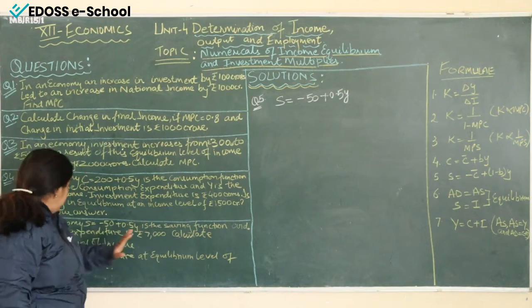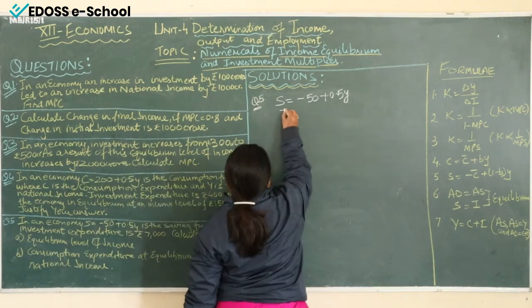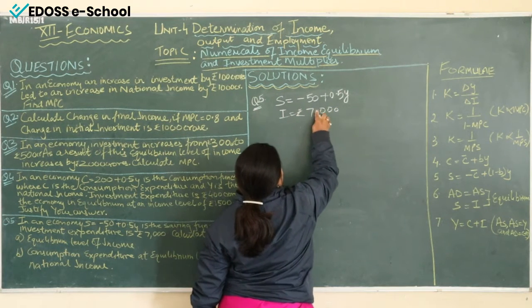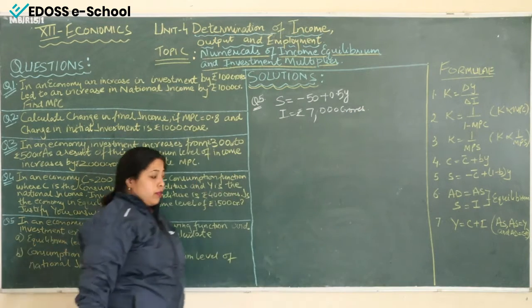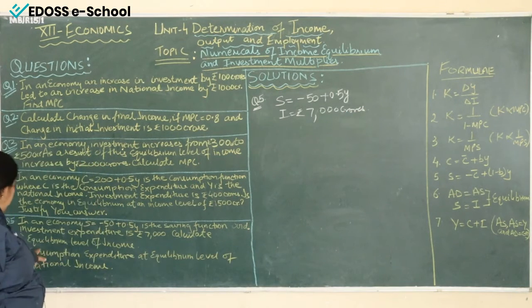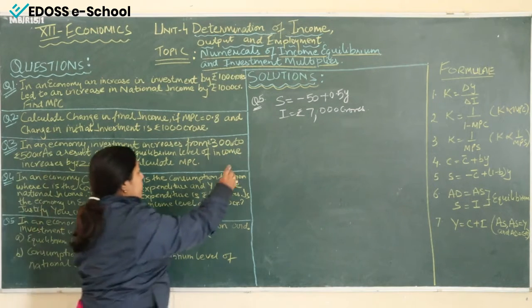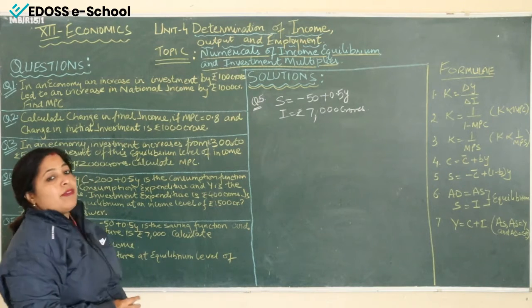This is the saving function given, and investment expenditure is rupees 7,000. I is rupees 7,000 crores. Calculate: A part, equilibrium level of national income. B part, consumption expenditure at equilibrium level of national income.